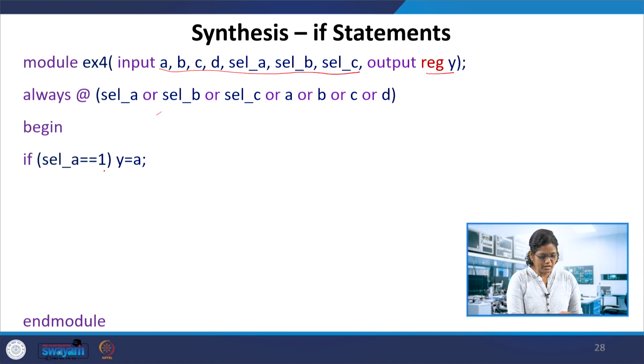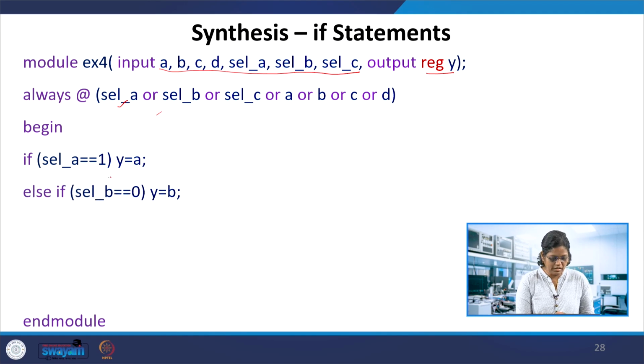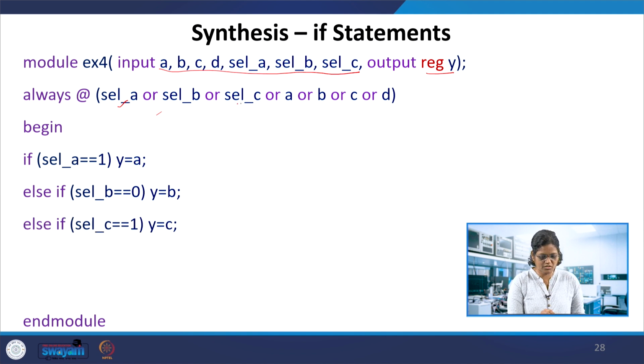Begin: if select A is 1, Y is A. Automatically we give priority to select A irrespective of select B, select C or anything. Else if select B, Y is equal to B. Else if select C, Y should be C. Else, in all other conditions, Y equals D. End. This is purely the case of a priority structure.